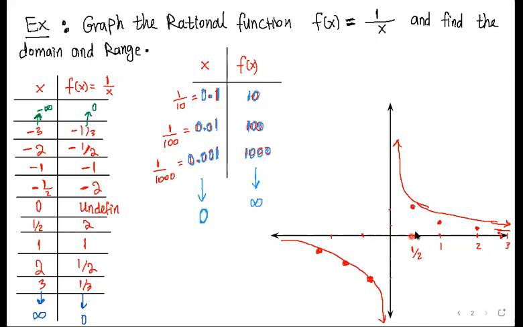All the numbers here are used, but only this one is not used. So my domain is everything used here, but at 0 it is open, not used, and again everything used. This is my domain.